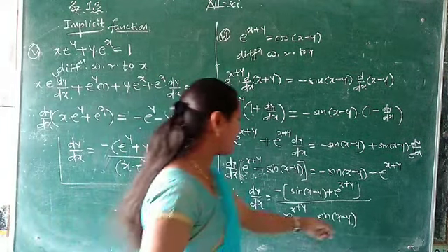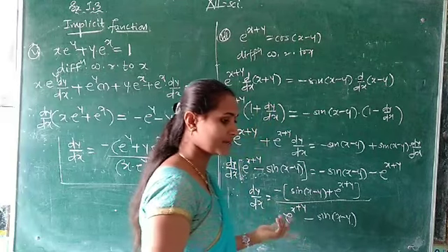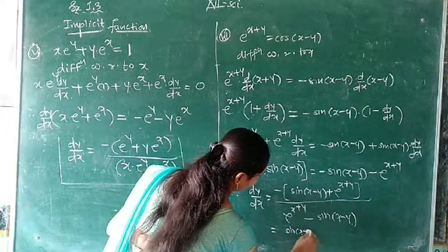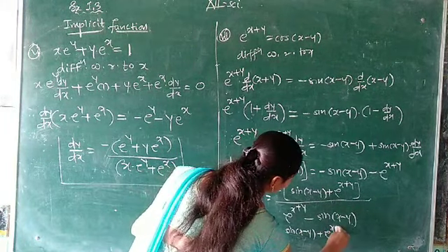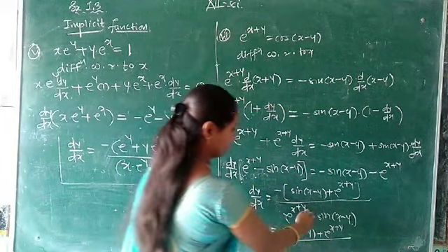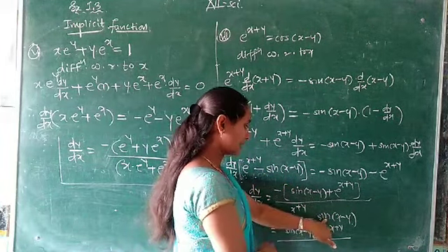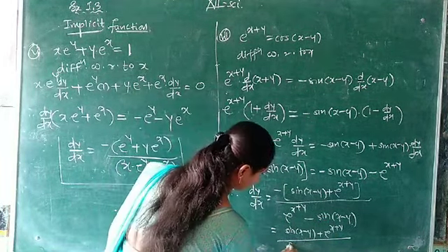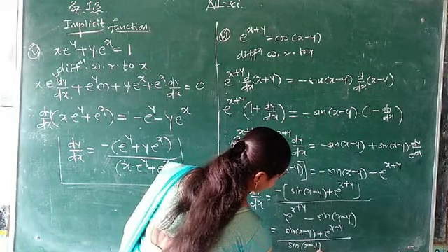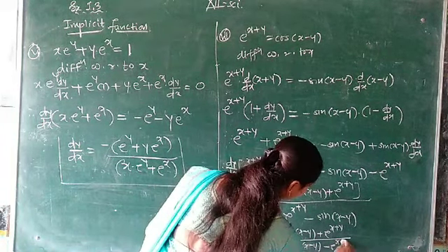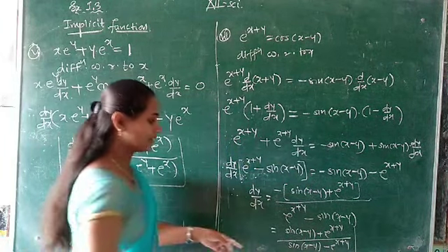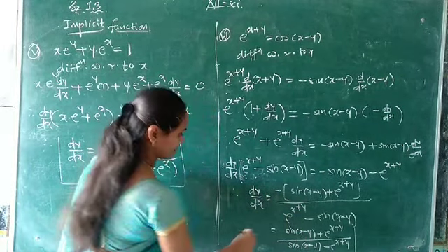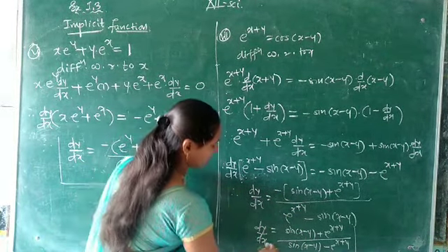And if we take the minus sign common from this, then minus minus will become plus, so the answer will be sin of x minus y plus e raised to x plus y divided by, if we take the minus sign common from this, then the sign will become plus, sin of x minus y minus e raised to x plus y. This is dy upon dx.